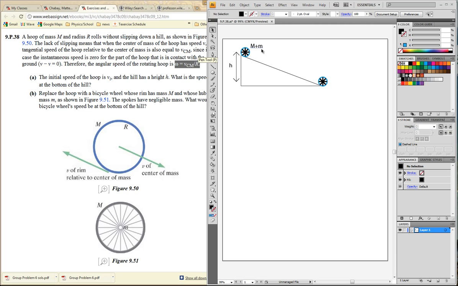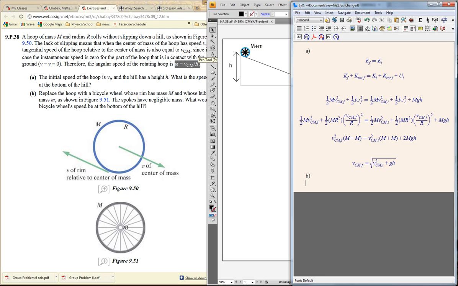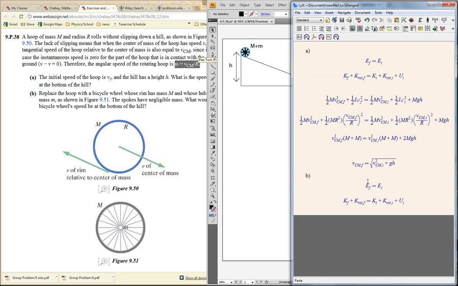The reason this gets more complicated is that we won't get as much cancellation in the equations, as you'll see in just a sec. We'll start the same way as before, with energy conservation. Now let's fill out those terms and see what's different.